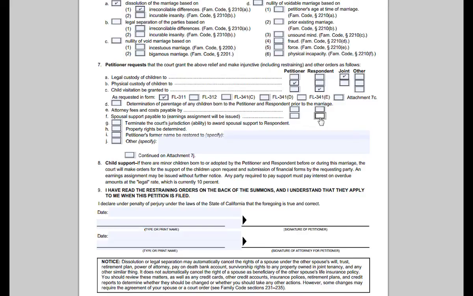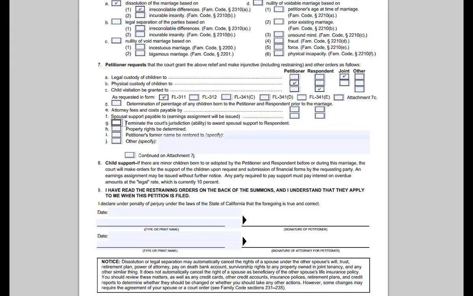If you want to make it so that the respondent can't take money away from you for spousal support, check 7G. Also, note that if it is over a 10-year marriage, it doesn't matter whether you check this box or not. The court will just ultimately reserve jurisdiction on this issue. Since the marriage used in our example is over 10 years old, let's just leave this box blank. So I'm going to uncheck this box right here.